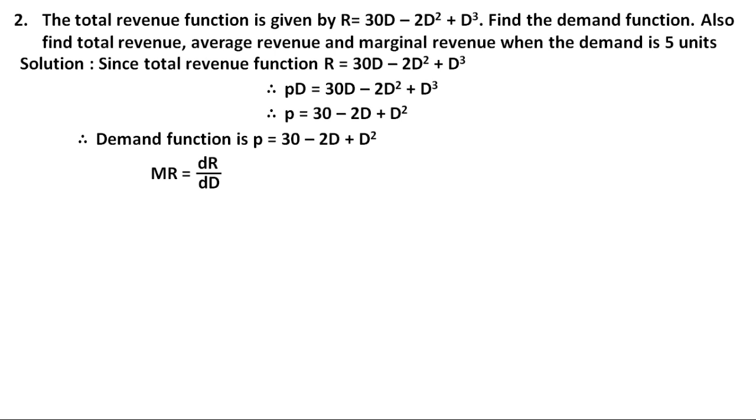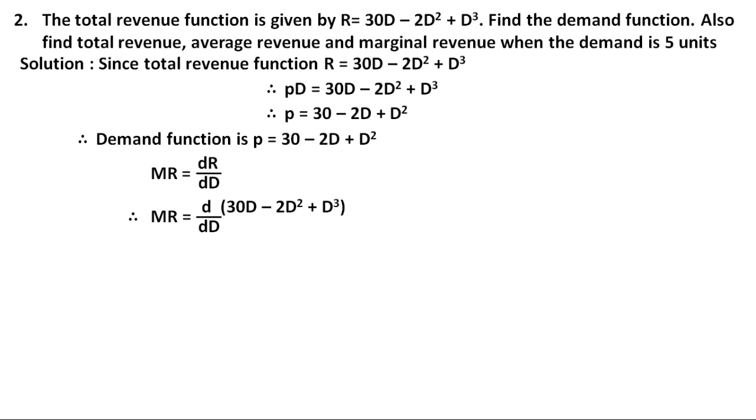Therefore, MR is equal to d upon dD of the bracket 30D minus 2D square plus D raised to 3. Here we take each derivative separately.